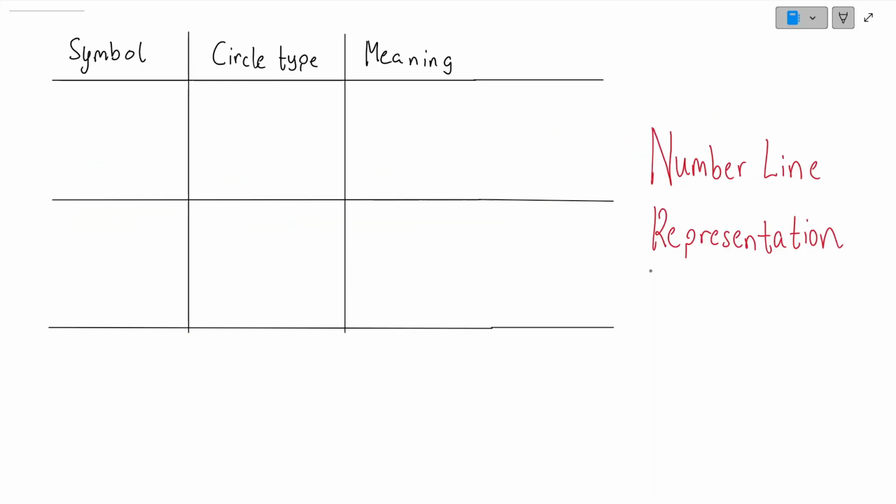These inequalities that we just talked about can be represented on a number line. And the type of circle will show whether the boundary number is included or not.